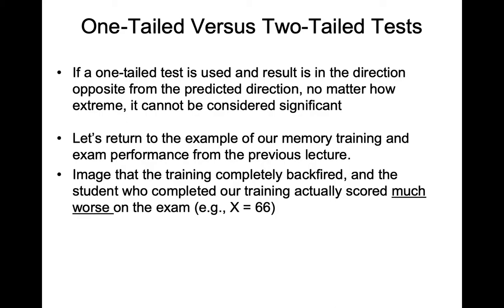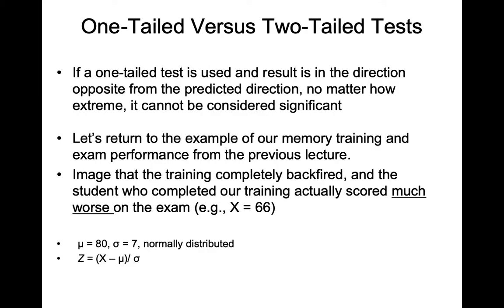Recall that average was an 80, and we get a student, our single student in our sample, that gets a 66. Well, let's convert that 66 to a z-score so that we can place it in the distribution. Okay, these were the characteristics of our comparison distribution. These are just students that don't go through the memory training. This is what we know happens over kind of the long run.